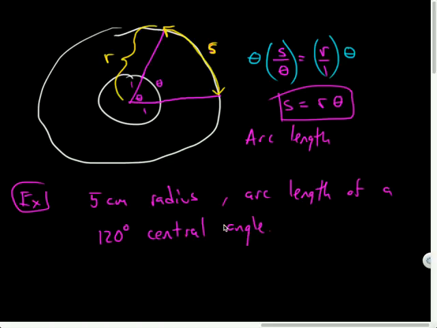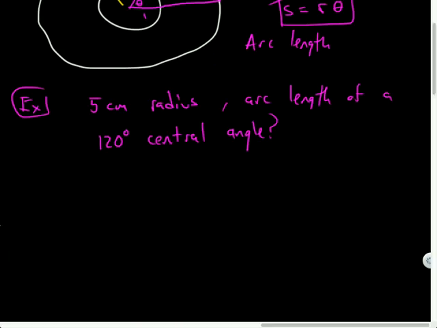And the vocabulary for central angle, it's just referring to an angle whose vertex is at the center of a circle. So suppose this is what I'm looking for. So I can draw a little picture, I suppose.